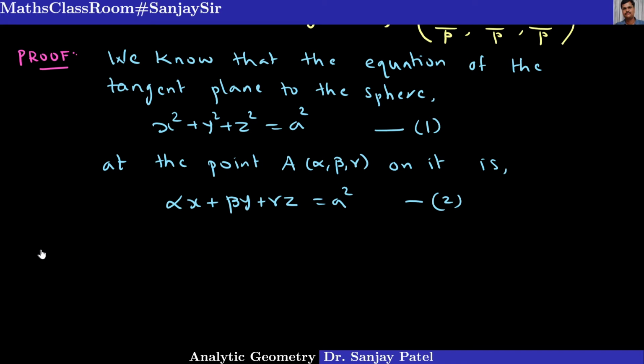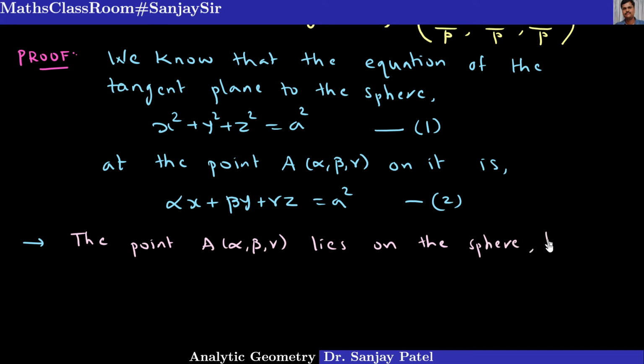Now remember that the point alpha beta gamma lies on the sphere in this case, and hence it will satisfy the equation of the sphere.